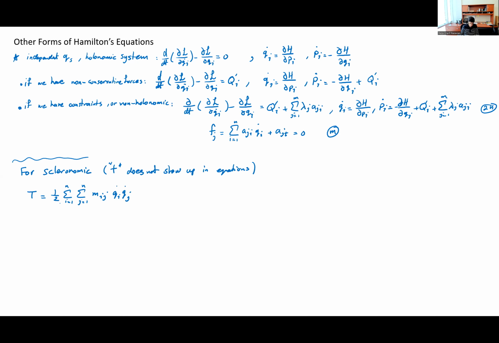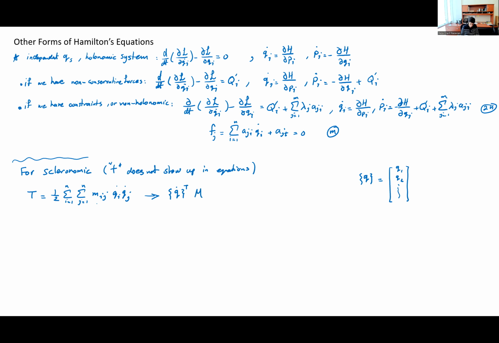So you can write this in a very nice compact form using matrices. T equals one half q dot transpose M q dot. When I use q, it means a column vector of q1, q2, and so on, and the transpose becomes a row matrix.